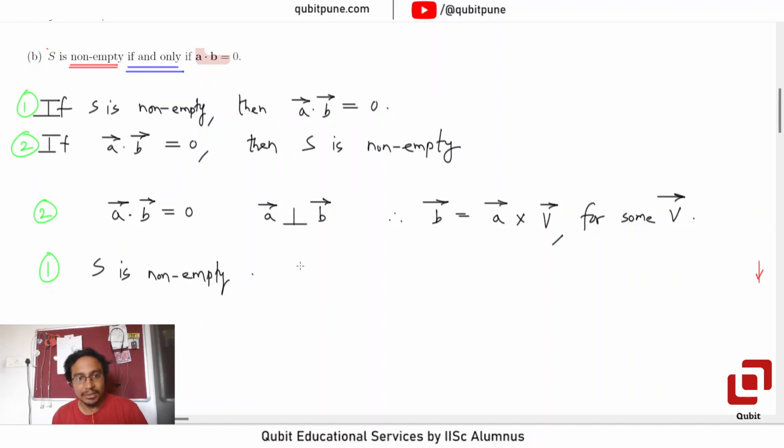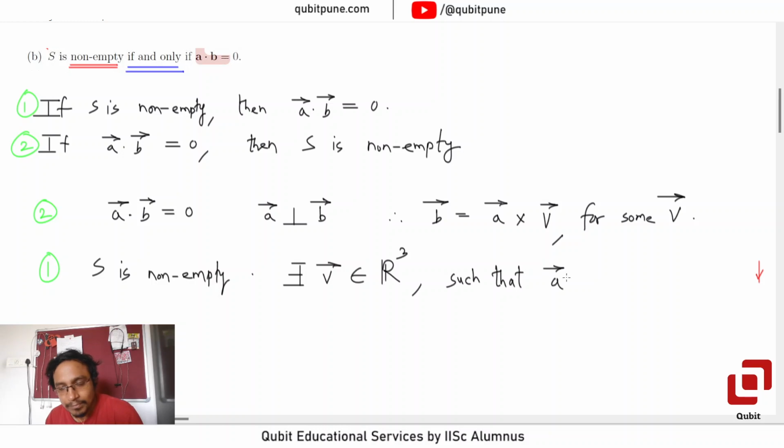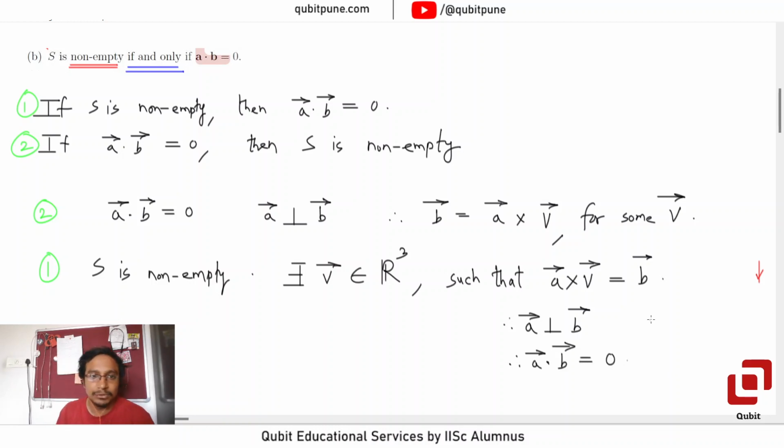That means there exists v bar in R3, assuming that it's a three-dimensional thing, such that a bar cross v bar is equal to b bar. Therefore, a bar is perpendicular to b bar by the definition of cross product. Therefore, a bar dot b bar is 0. So the only if part is also proved.